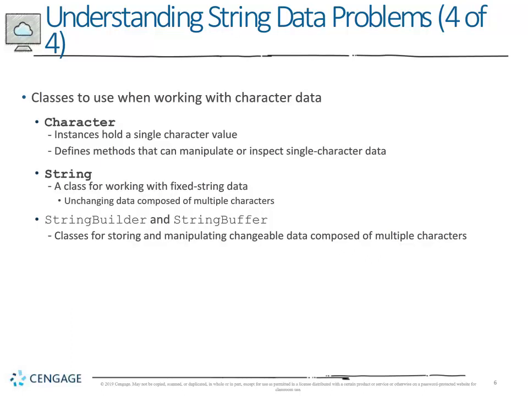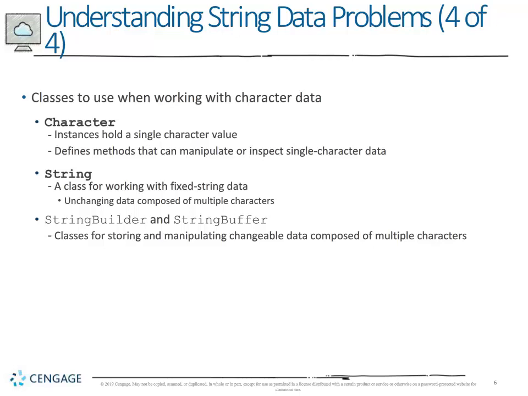In Java, there are several classes we can use to work with text. First is Character. Character is a class whose instance can hold a single character value and whose methods manipulate and inspect single character data. Then the String class. String is a class for working with fixed string data, that is, unchanging data composed of multiple characters.